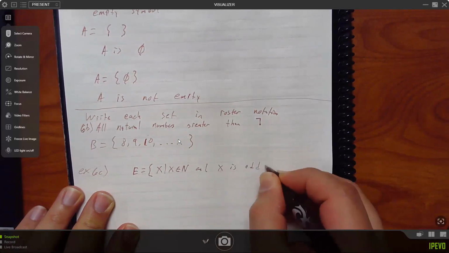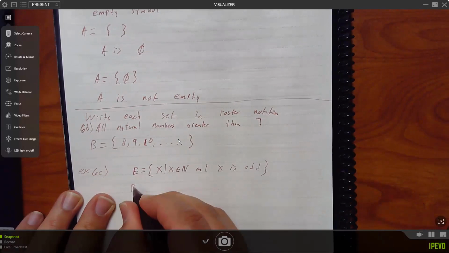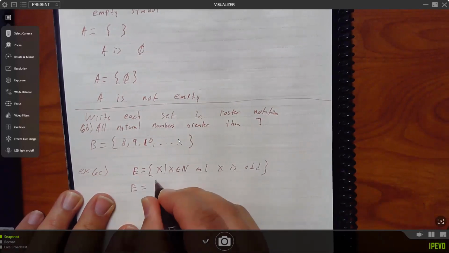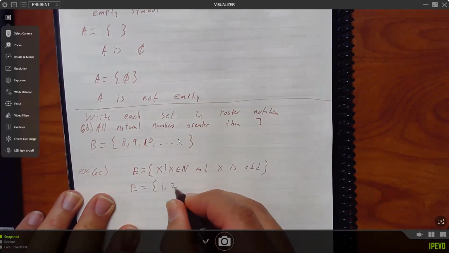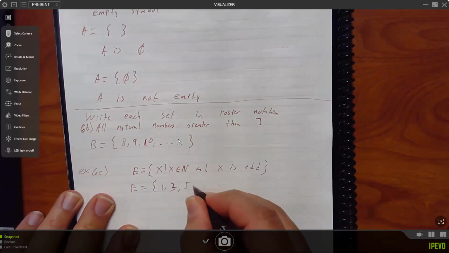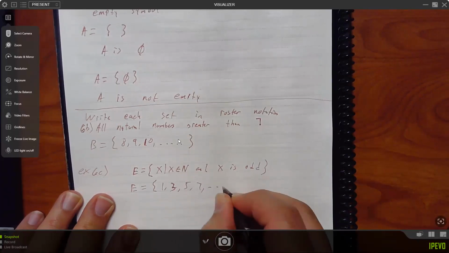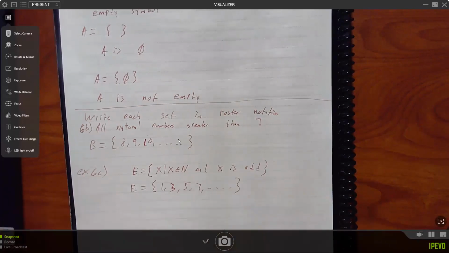So in the roster method, that would be 1, 3, 5, 7, forever.